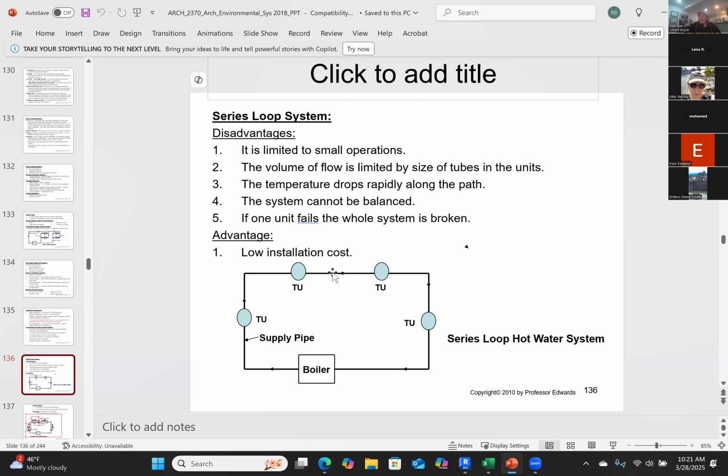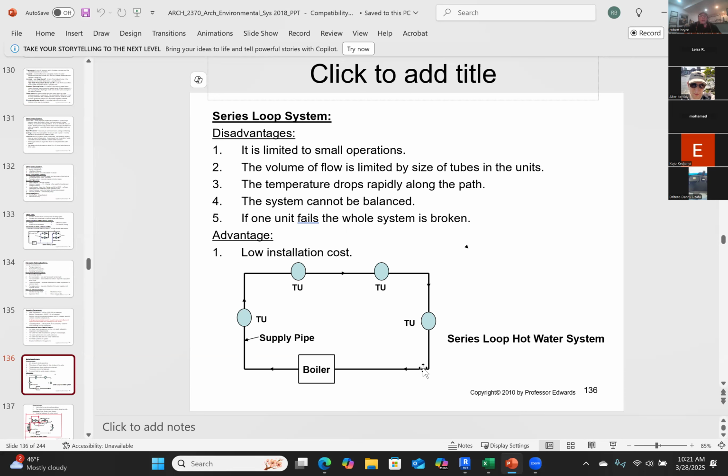The water temperature will be lower, again, because we've extracted heat from the water. And that can go around and around and around until we get to this last one, which we may find that there's not a lot of heat or warmth in the water remaining. And so we don't have a lot of heat to extract from that temperature. So this is a series loop system, and it is unacceptable.